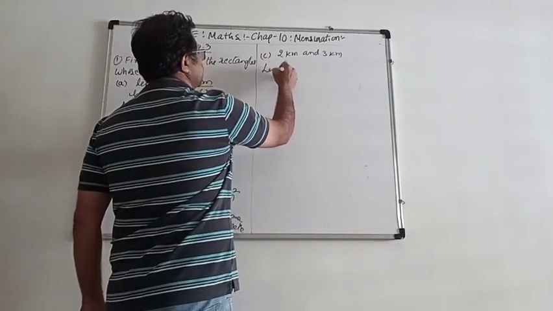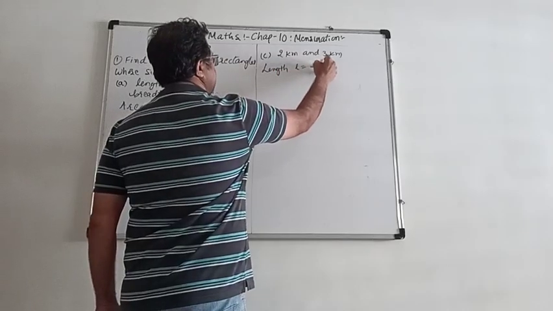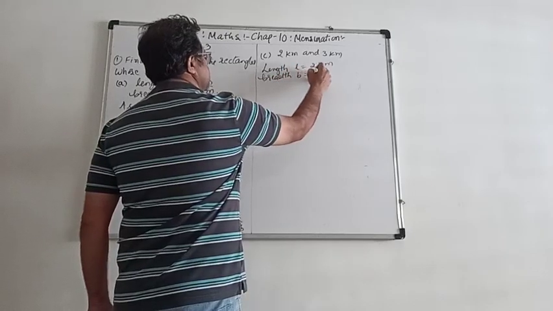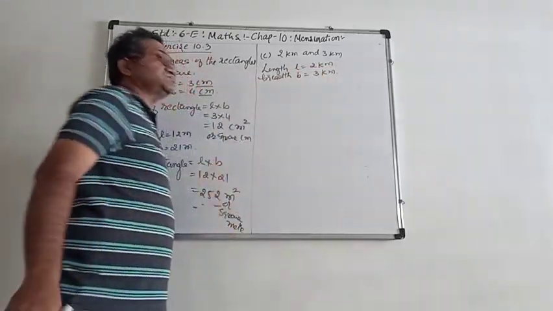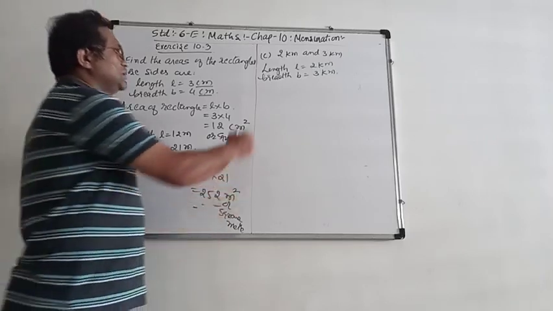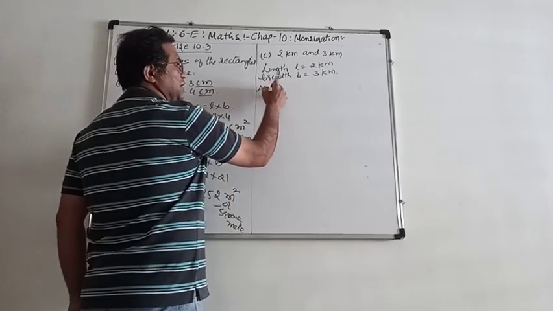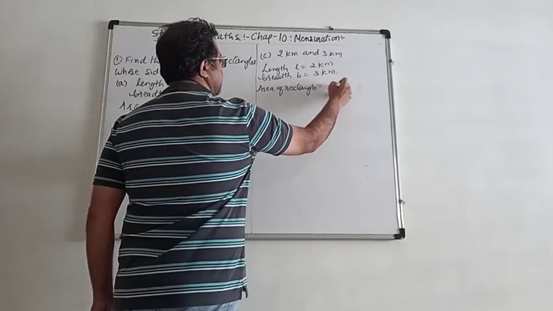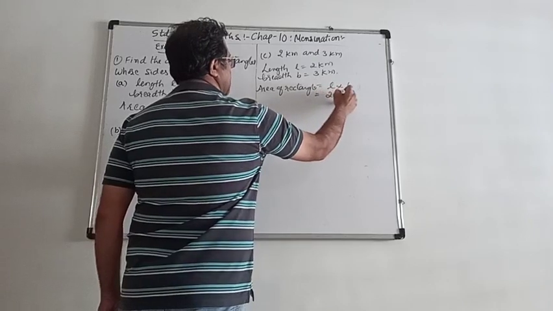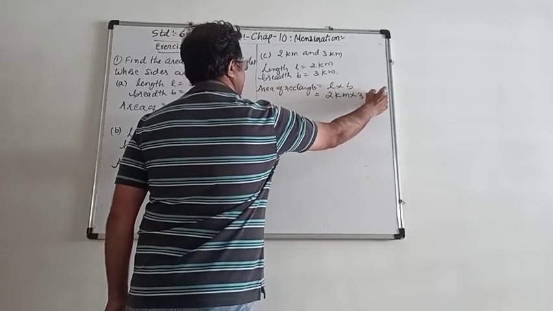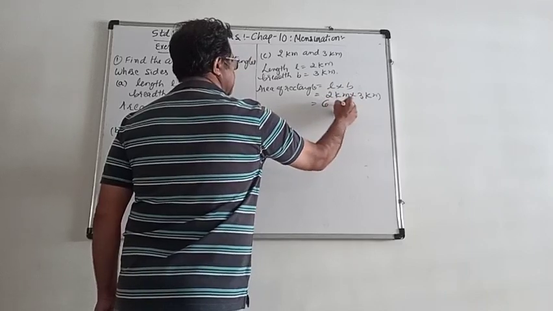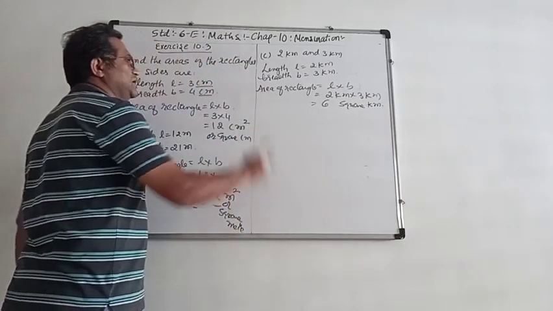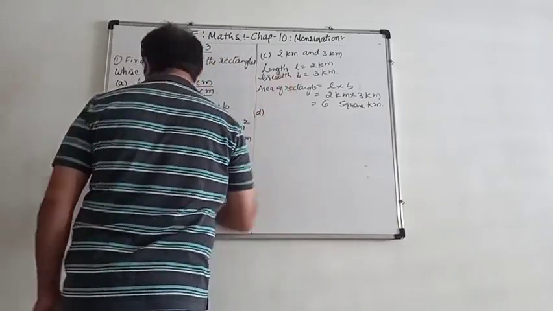Now length L is 2 kilometer, breadth B is 3 kilometer. So area of rectangle is equal to length multiplied by breadth. 2 kilometer multiplied by 3 kilometer, that is 2 3s are 6 square kilometer. The word square must be there with kilometer or meter.